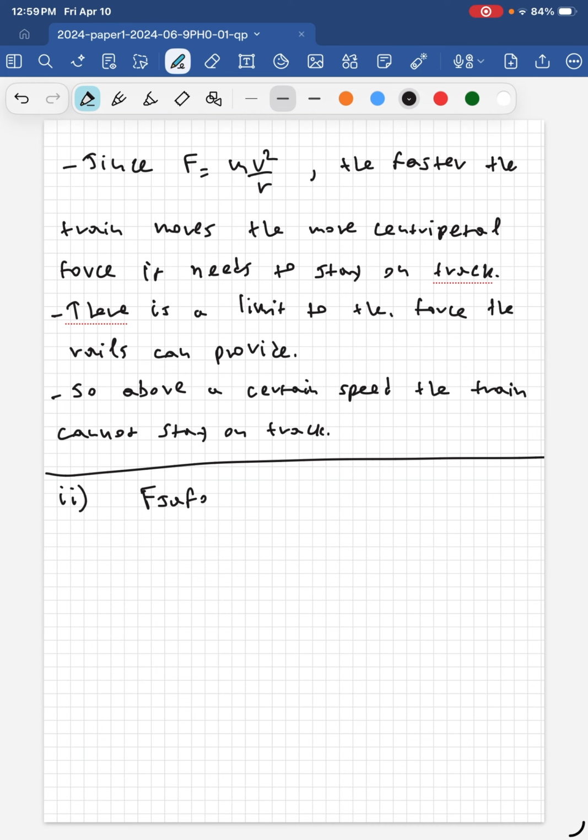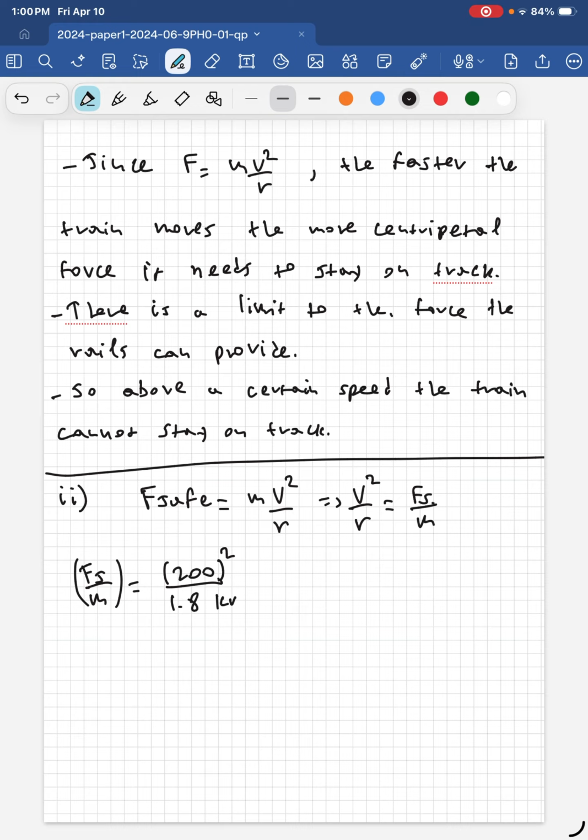So let's call it F safe is equal to mv squared over r. So v squared over r is F safe over the mass, because they don't give us the mass of the train. So F safe over mass is equal to 200 squared over 1.8 kilometers.